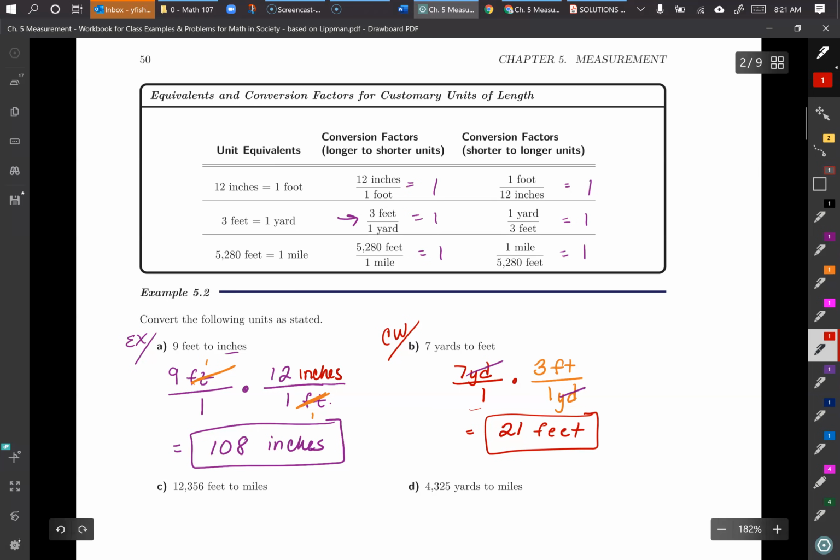Again, I'm just putting what I have over 1 and then multiplying by the unit fraction. I want to set it up so I have yards in the denominator of my unit fraction and then feet, what I'm trying to go for, in the numerator. And the yards just cancel out and I multiply across. I just do whatever operation is there.